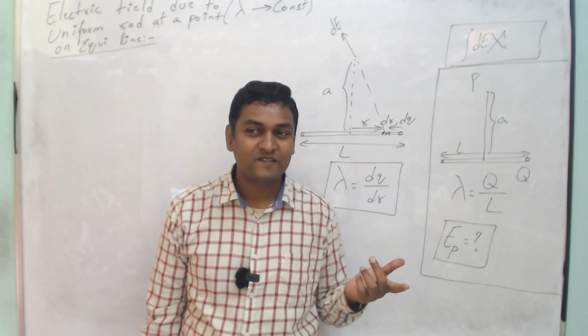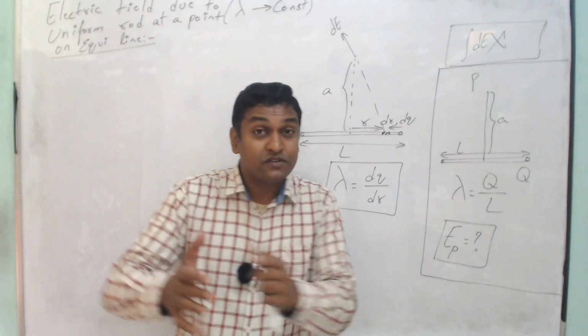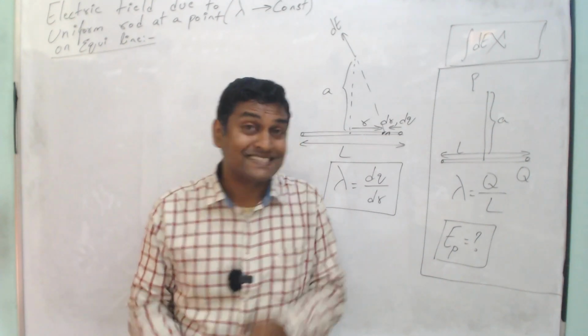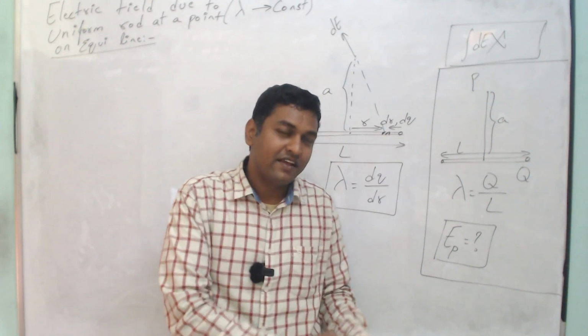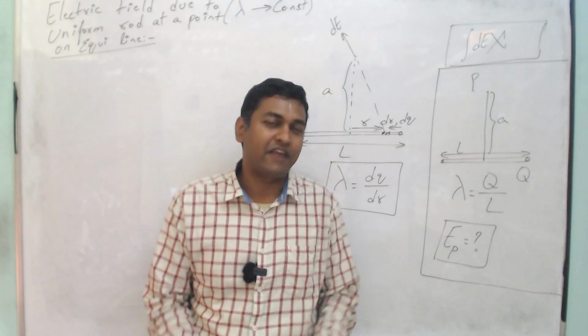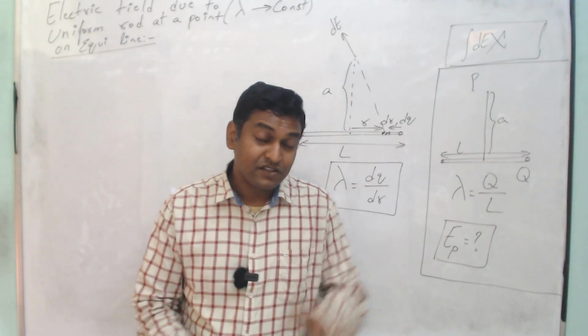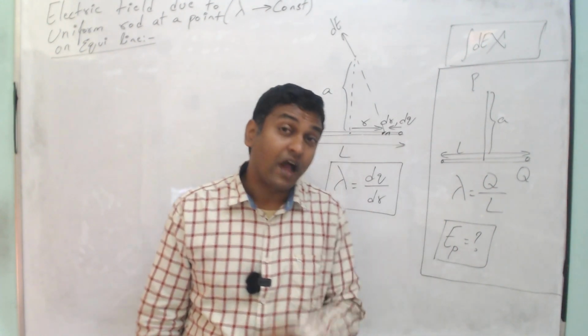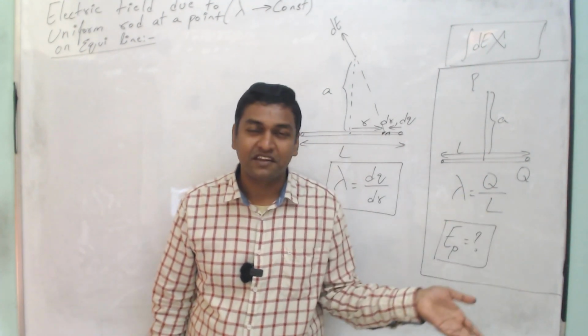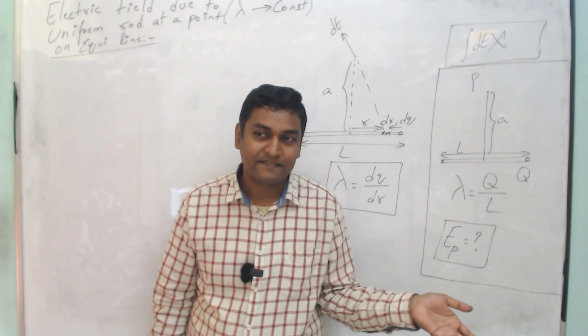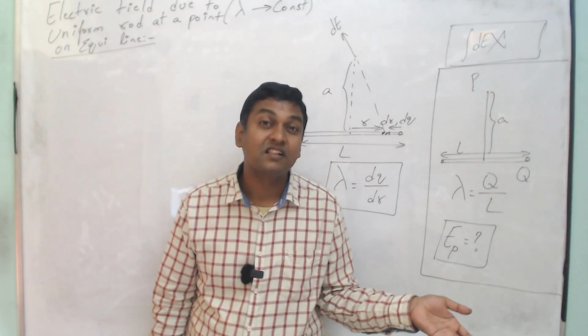So we can't add all the directions. Because integration is more or less scalar addition. And when the direction is varying, and when I'm calling it a vector, direction is present, right? And when the direction is varying, I cannot do scalar addition. We cannot get the exact direction.